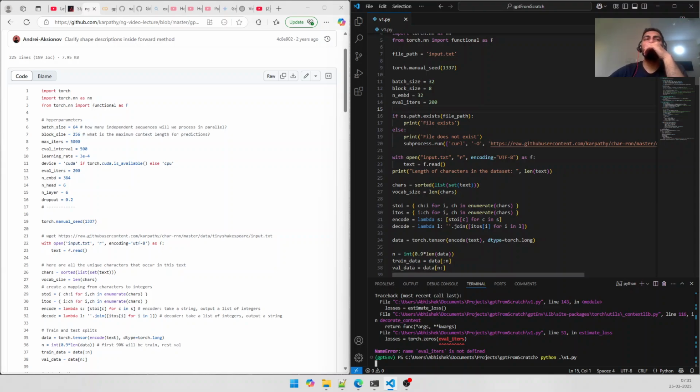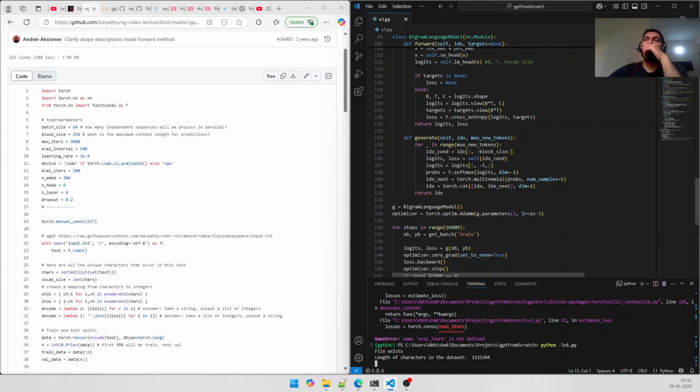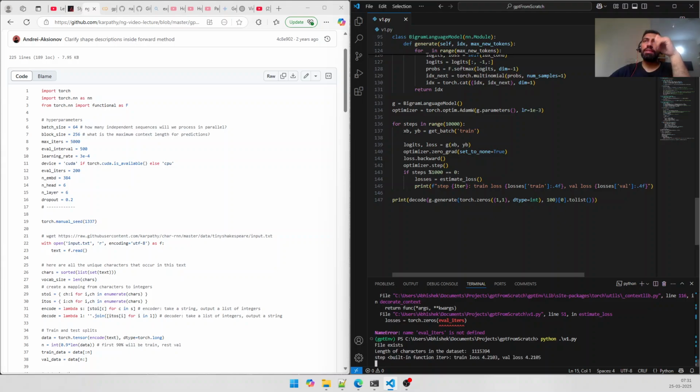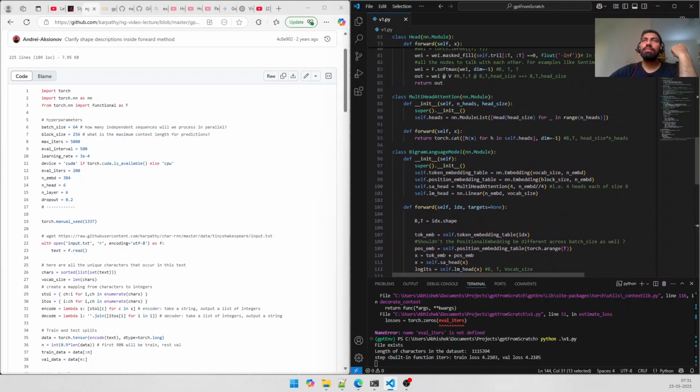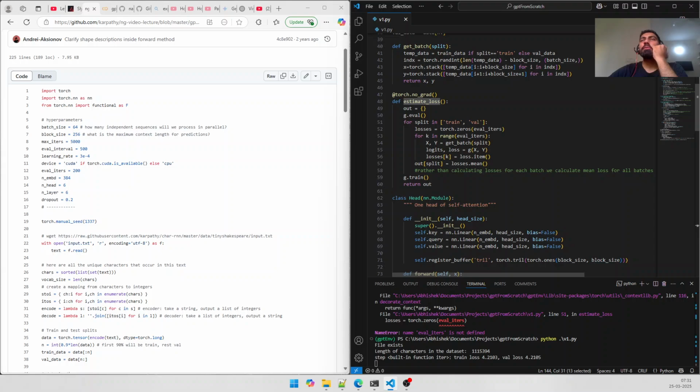So what's happening is whenever the model gets trained here, right, we're again estimating loss. So we are again calculating a bit of loss for different batch sizes and then meaning it out just to show how much it is near about.